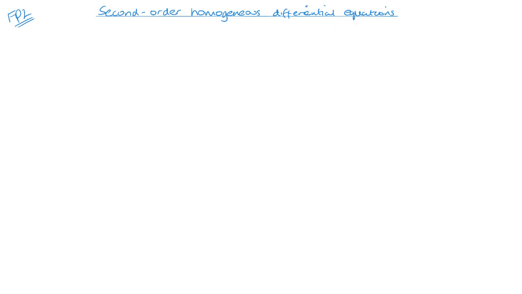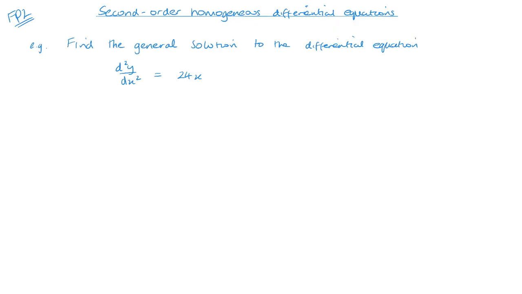Now let's look at just a really simple example. So here's an example of a really simple second order differential equation. Okay, not a homogeneous one, just a second order differential equation.